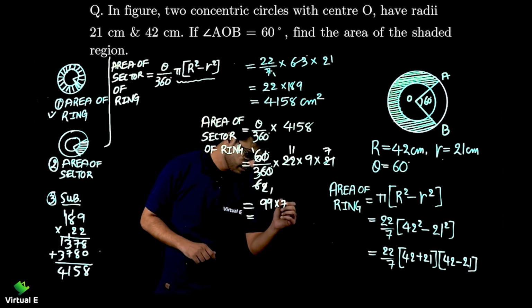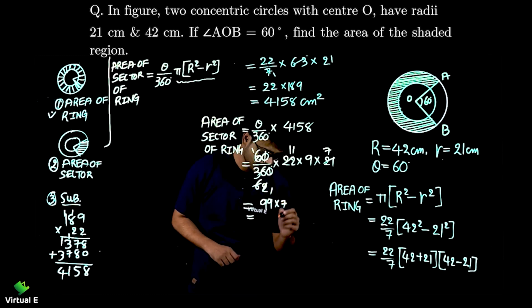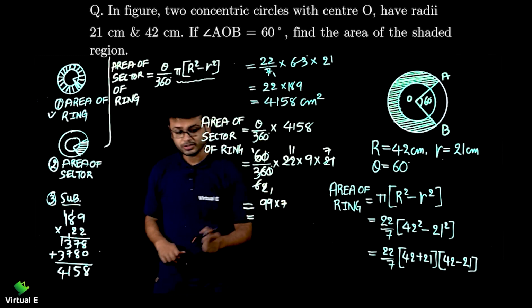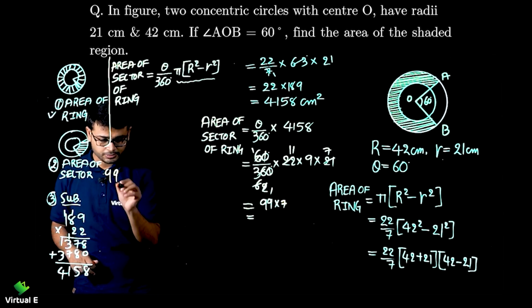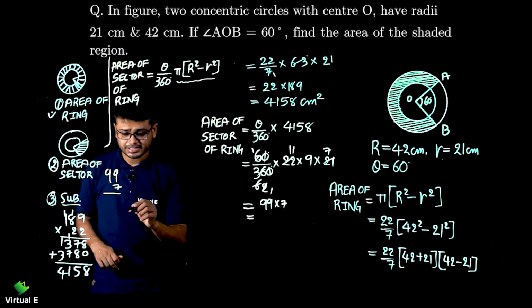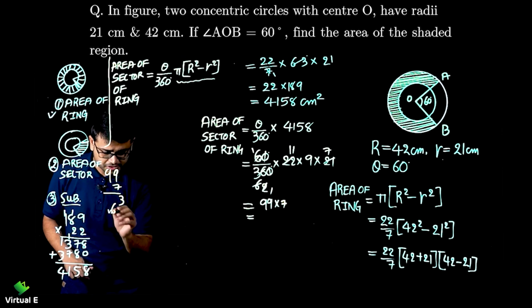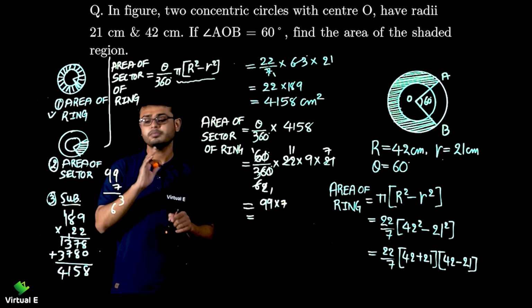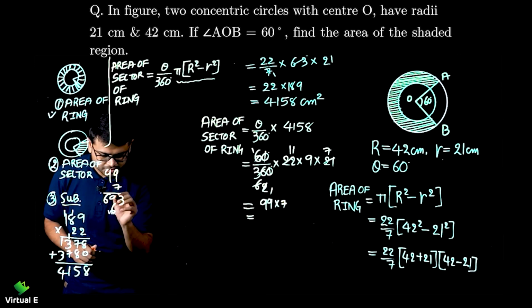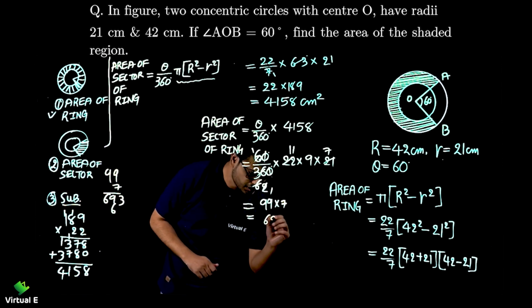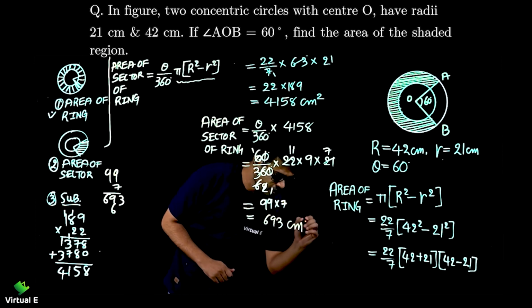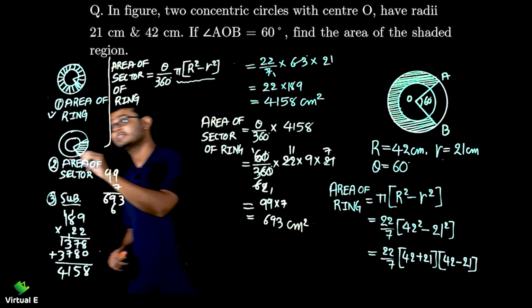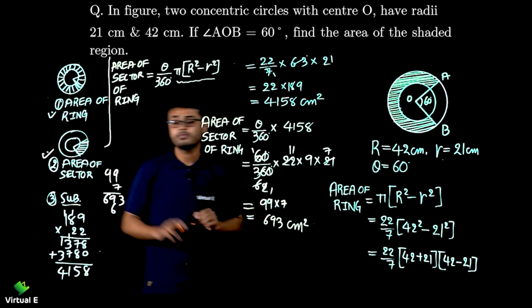Now let's multiply and get the answer of this one. 99 into 7. So 9 7s are 63, 3 here, 6 carry over. 9 7s are 63 plus 6, 69. So 693 centimeter square. So my second step is also done, finding the area of the sector.